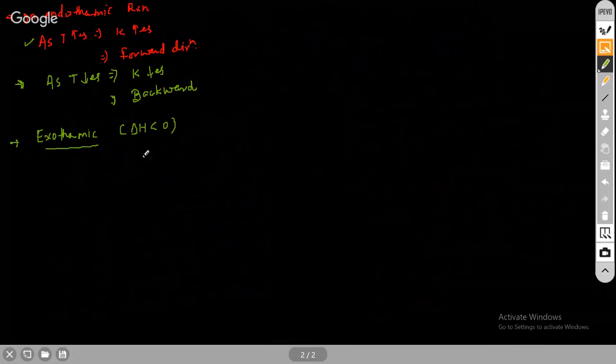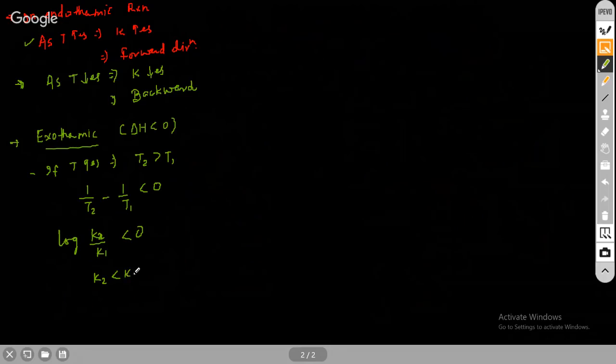So you see, del H is less than 0, if temperature increases, if T increases. This means what? T2 is greater than T1. So 1 by T2 minus 1 by T1 is less than 0. Okay, this means log K2 by K1 is again less than 0 and K2 less than K1.